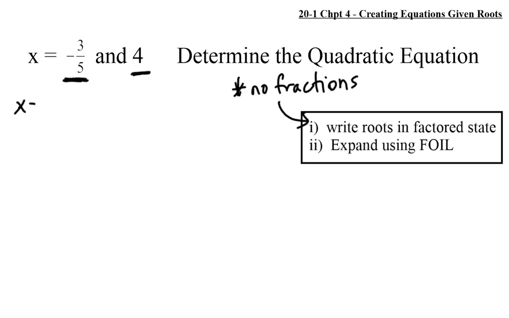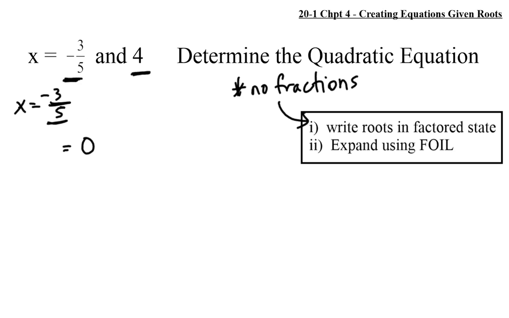We know that x is negative 3/5. We want it so that this now is 0. Well, it's not simply a matter of adding 3/5 because that keeps the fraction. It's not that simple. Wish it was.